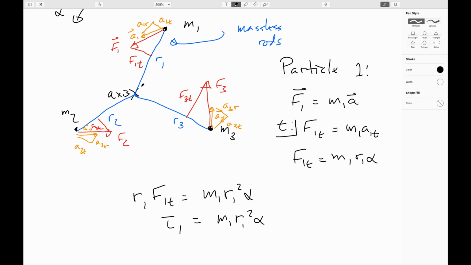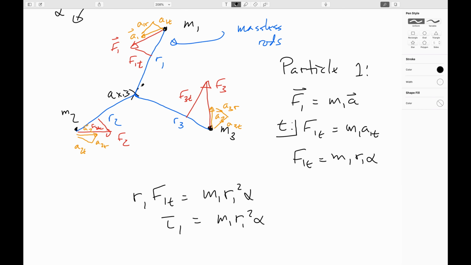So this is where the whole business of looking at torques comes in super handy. These radial forces are due to intermolecular forces between molecules typically, and there are lots of them, and we really don't care about them. We only care in so much as we know that they are responsible for keeping the object from flying apart, and for making sure that the mass goes around in a circle.